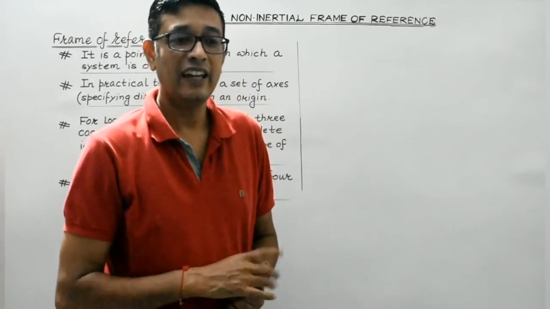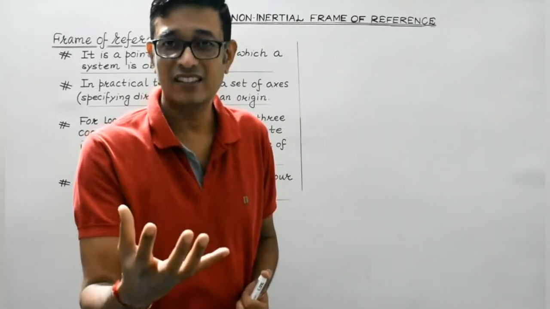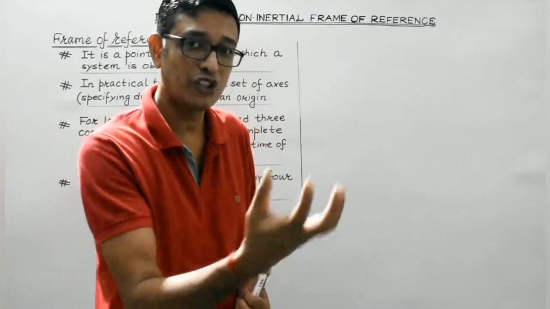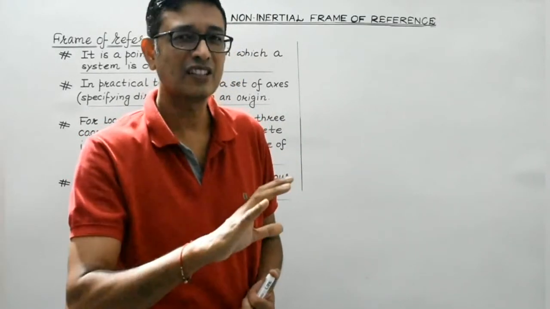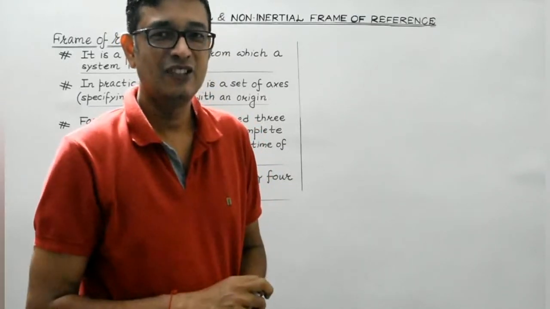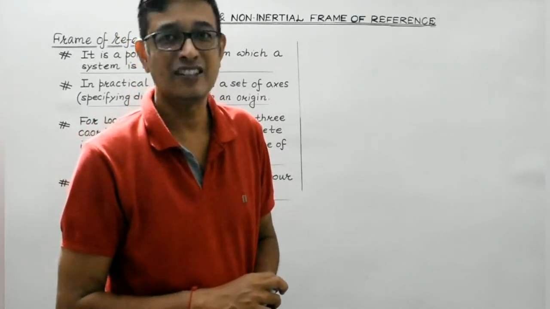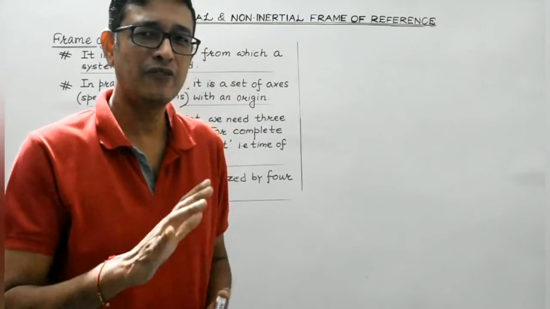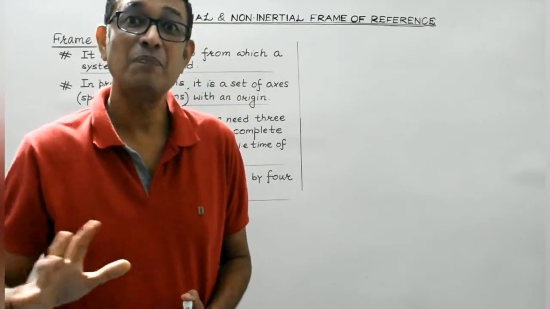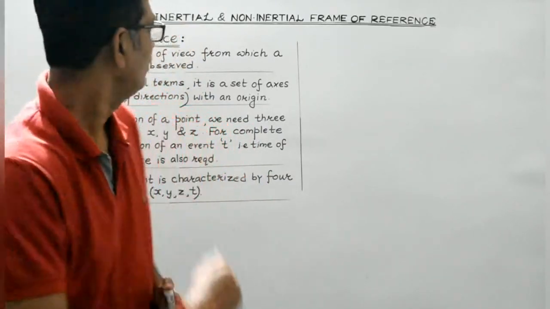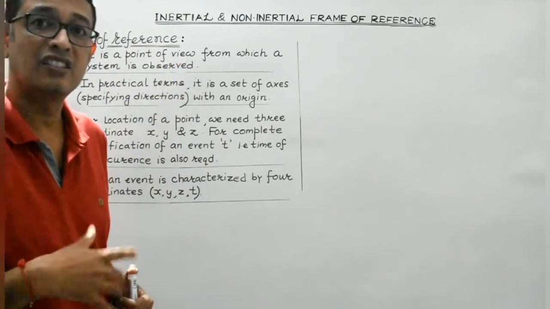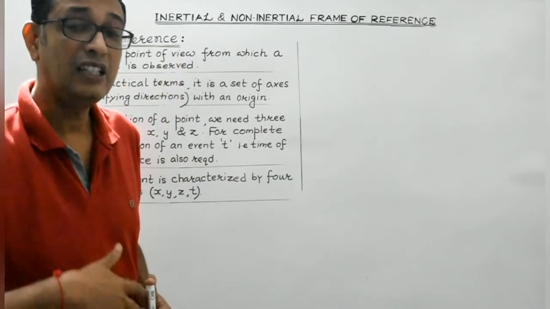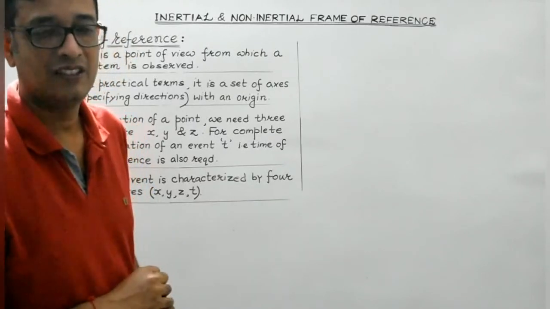So basically x, y, z, these are the three axes which represent the position of a body, and t is the time which is considered the fourth coordinate. So that represents the time of occurrence. So actually frame of reference is nothing but the point of view from which a system or an event is observed.